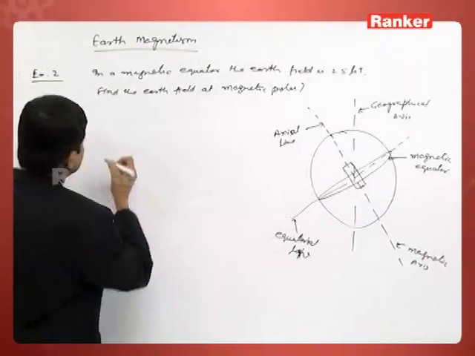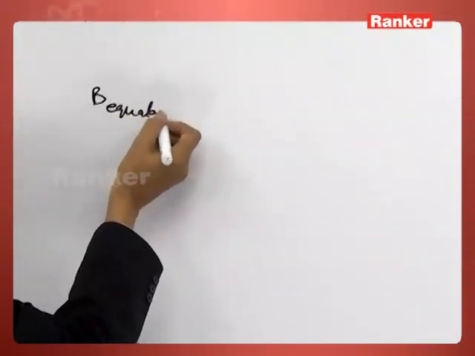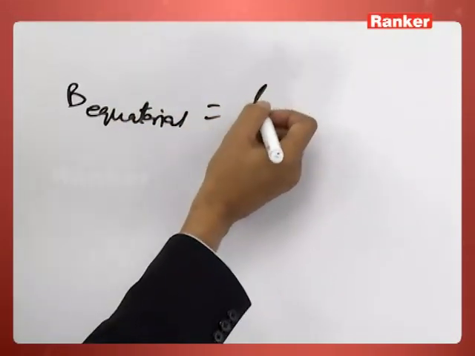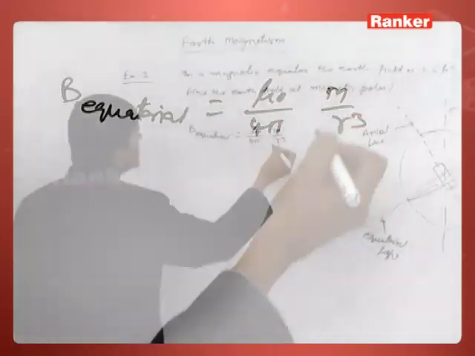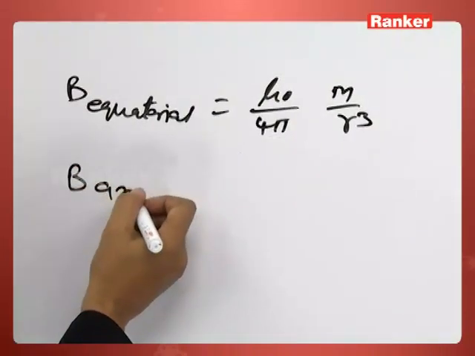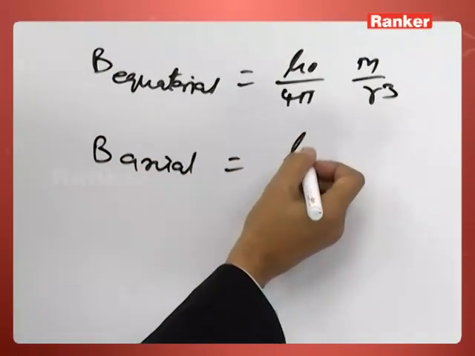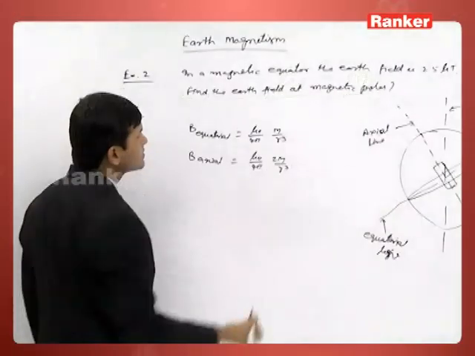As we know, B at equatorial line is mu naught by 4 pi m by r cube, while B at axial line is mu naught by 4 pi 2m by r cube.